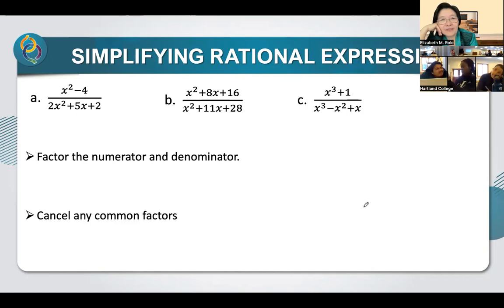Factor the numerator, factor the denominator, cancel common factors. So the second one, we factor by grouping, right? Yes, or you can do mental math if you want.